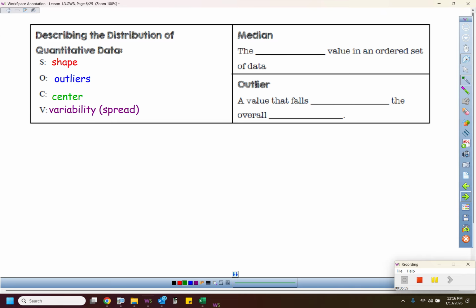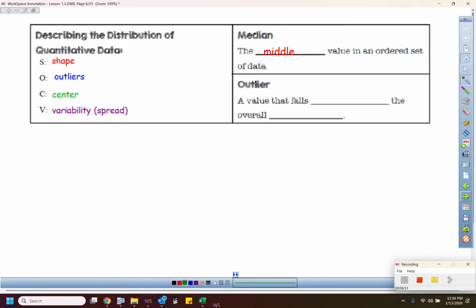If we did all of our class data about our ages, I'd be a major outlier. 45 doesn't fit the data. C is for center. We'll talk more about that in a little bit. And V stands for the variability. Some people call it the spread, like how much things vary. We're almost done with a couple more chapters, then we just get to dive in. So shape, outlier, center, and variability.